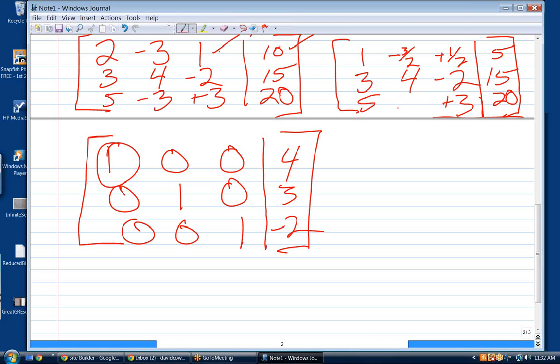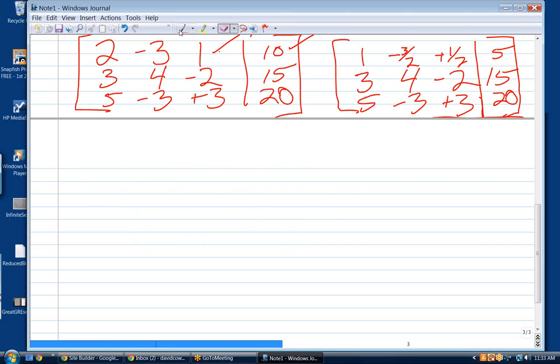I pulled this thing out of thin air, so I didn't give much thought to constructing it and how we're going to solve it. So you see how this matrix is the same as this matrix on the left? Well, what can I do to get a 1 in the right spot right here where that 4 is? I could add these two matrices together.